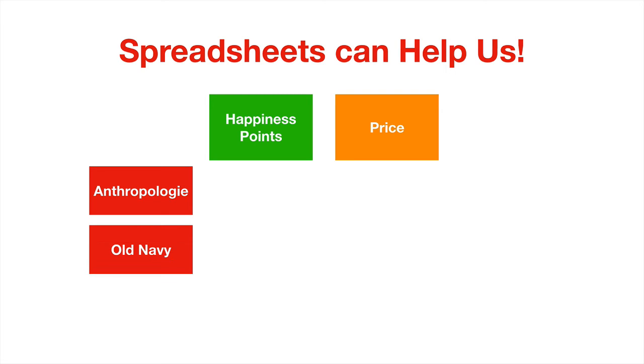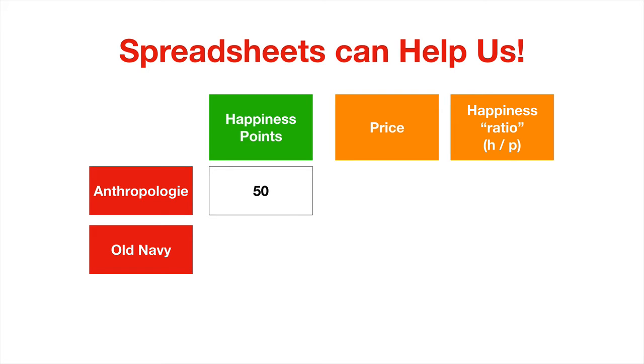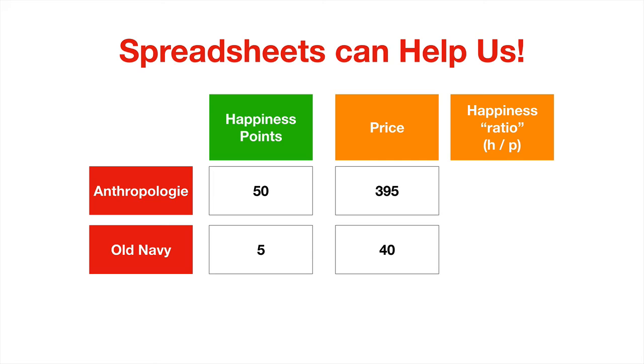In this case, we have Anthropologie and Old Navy, 50 and 5 happiness points. So we're much happier when we buy the Anthropologie, but the price is much heavier on Anthropologie. So if we do a happiness to price ratio and do happiness divided by price, the Anthropologie comes out to be about 12.66% when we divide 50 by 395.